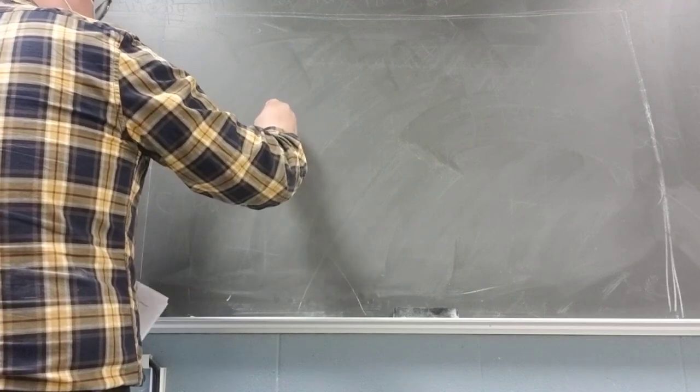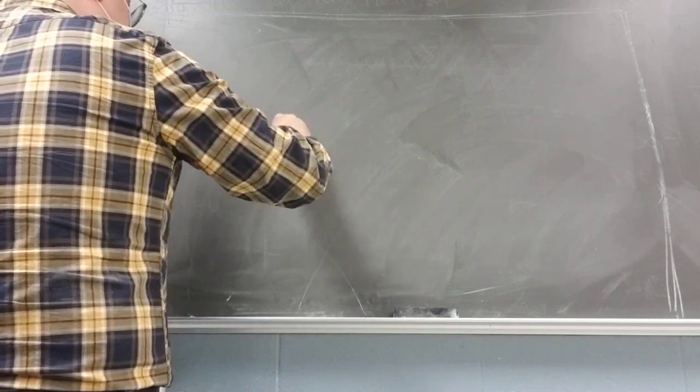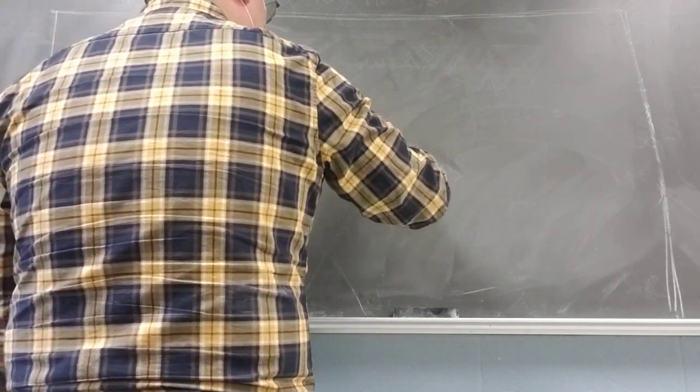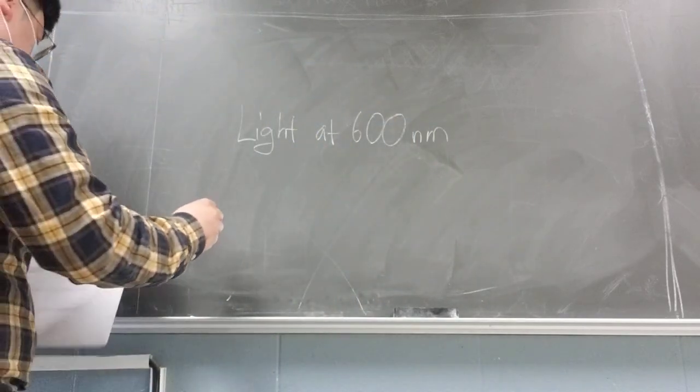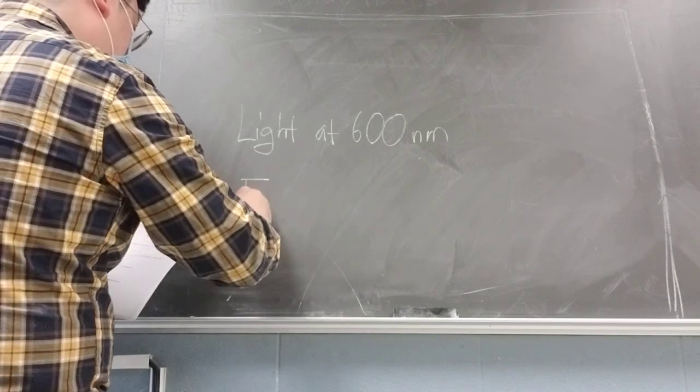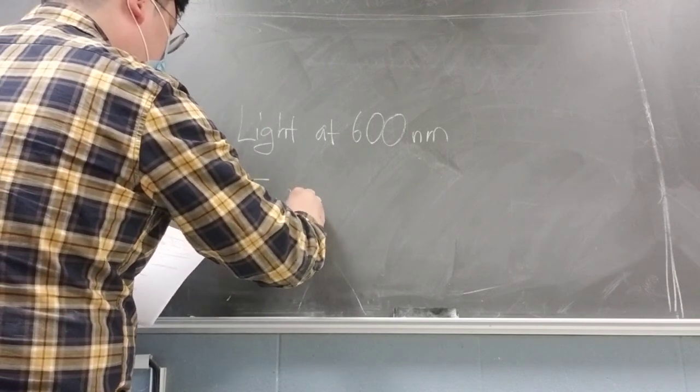Alright, so can you guys do this: whenever you have a light at 600 nanometer, what might be the energy of 1 photon?